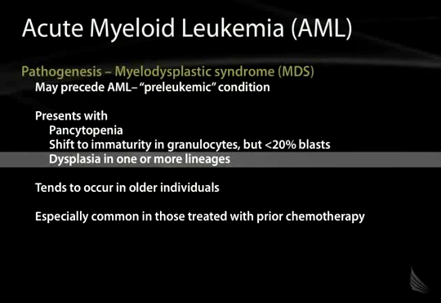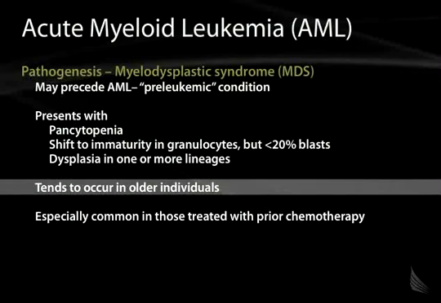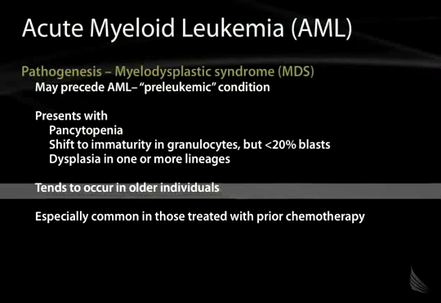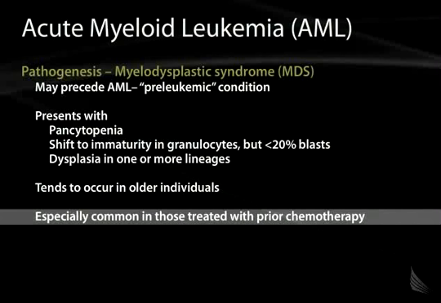It can certainly be red cell disordered, thrombocytopenia, as well as leukopenia. It tends to occur in folks who are closer to the age 60 end of that 15 to 60 range. And it's especially common in people who are treated with a prior chemotherapeutic regimen, specifically with alkylating agents.